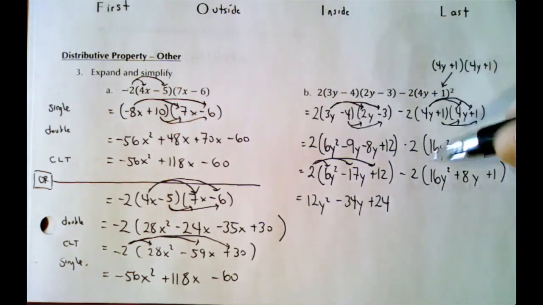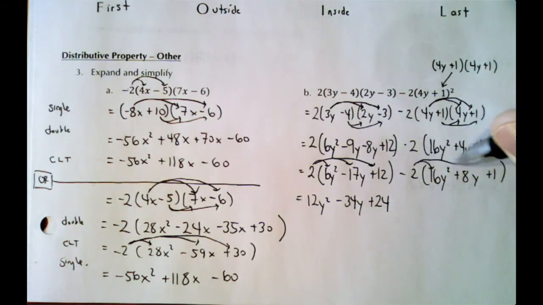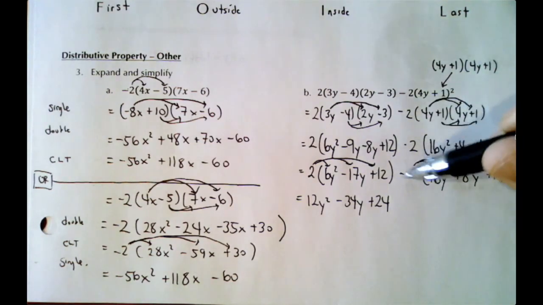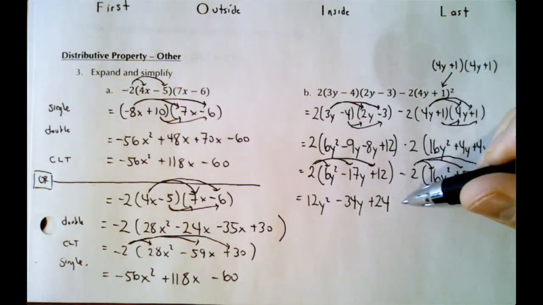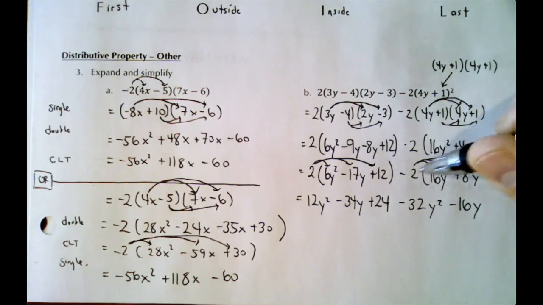Last example, we've got negative 2 in front of 3 terms, so it's negative 2 that multiplies in, not just 2. So negative 2 times 16 is negative 32y squared. Negative 2 times 8 is negative 16y, and negative 2 times 1 is negative 2.